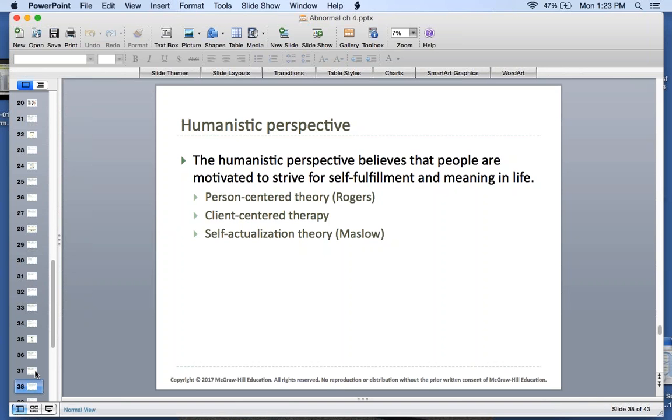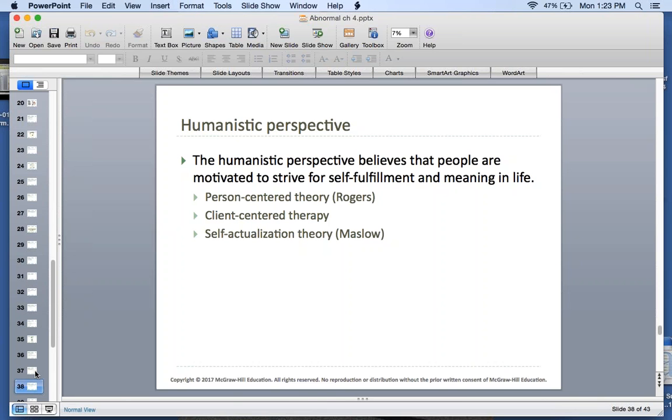Carl Rogers talked about person-centered therapy or client-centered therapy, where we see the client as an unconditionally positive person, and we have something called unconditional positive regard towards that person. So we believe that they are good and that they want to be good.